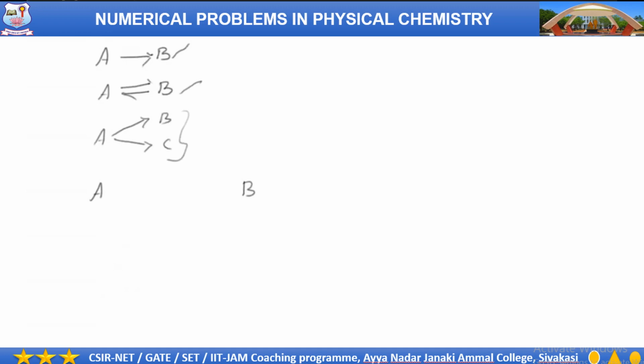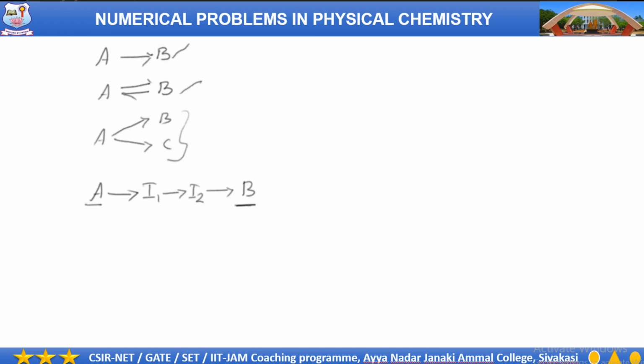What is the manner? The reaction which proceeds from the reactant to final products through one or more stages is called consecutive reactions or sequential reactions.